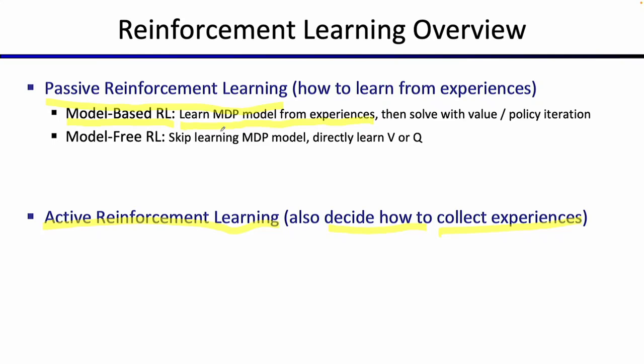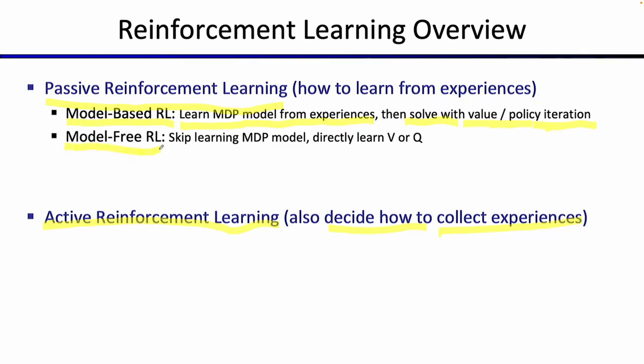Then I'm going to build up a model of the world, and use all of the tools we learned last week for solving offline MDPs to solve this MDP, say using value or policy iteration, and get optimal policies this way. So this was pretty straightforward.